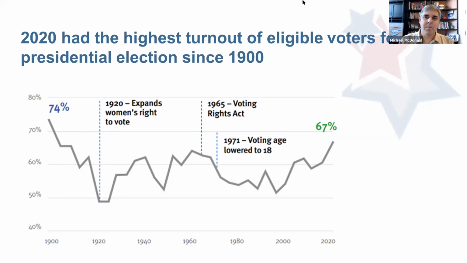If we were to pin a reason on why we had such extraordinary turnout, it probably has a lot to do with Donald Trump. In 2018, we had the highest midterm turnout rate since 1914. And yet, just four years earlier in 2014, we had the lowest turnout rate since 1942.